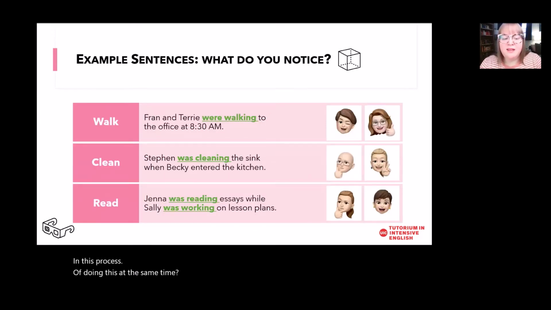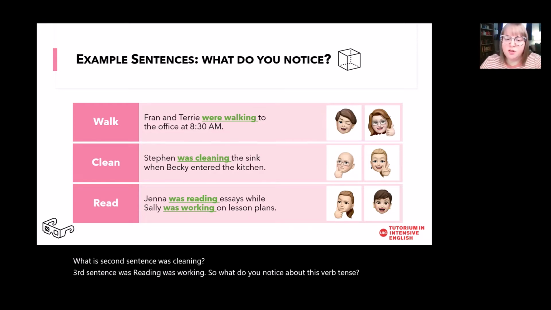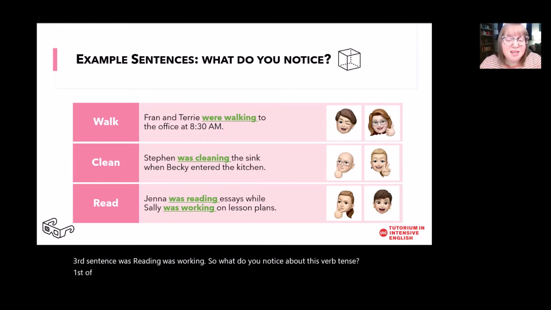Now let's look at the structure. So in the first sentence, we see were walking. Second sentence, was cleaning. Third sentence, was reading, was working. So what do you notice about this verb tense? Well, first of all, we see the past tense of be.